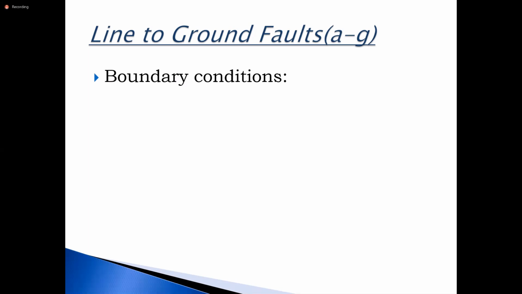Anybody? If phase A is touching ground, what would be the voltage of phase A? Zero, sir. Zero, right? Because it must be at the same potential as ground. So although you're dealing with this high voltage system, if that phase comes in contact with ground, then one of the boundary conditions is that the voltage is 0.